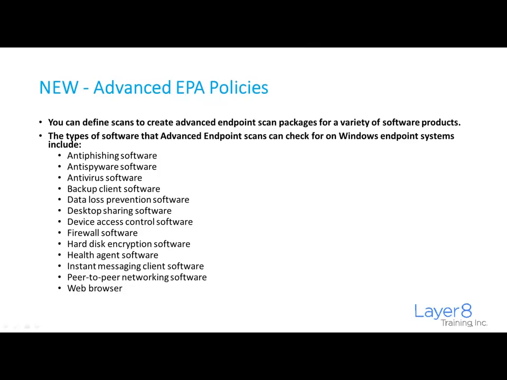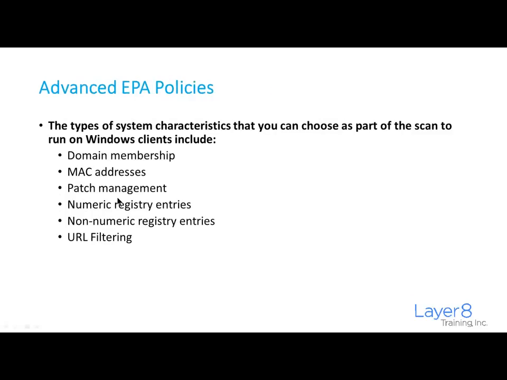They may be things I want to make sure you don't have. So you may be coming in from a machine, but you're sharing the desktop. That could be an issue. If so, maybe I don't let you into the environment. And so we can look for different types of things to determine if we're going to let users in. With the advanced endpoint analysis scan, we can look deeper. So I can go in and look for any of these different types of things.